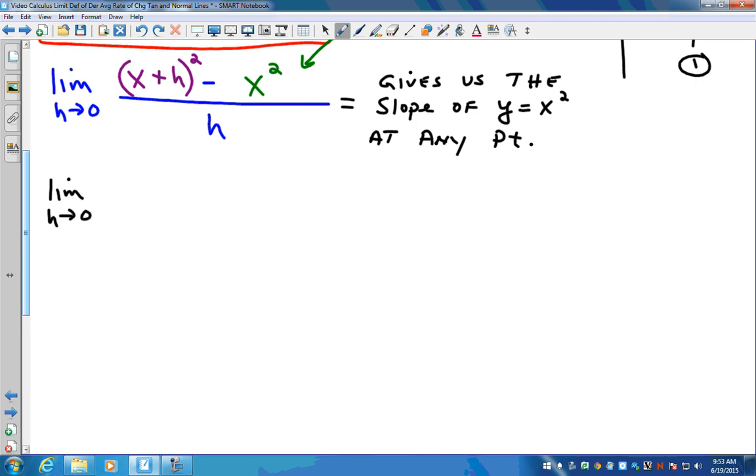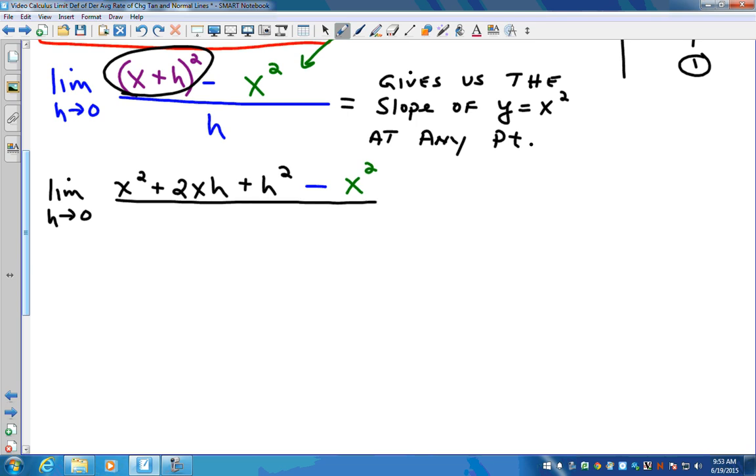Well, we could start to tweak this a little bit. We could multiply out x plus h times x plus h, and if we FOIL that, we get x squared plus xh plus xh. That'll be 2xh plus h squared. And then I'm just going to bring back in the minus x squared, all over h.